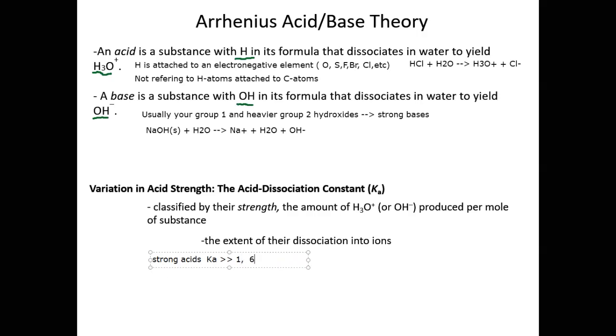There are 6 common strong acids. It's good to remember these because the strong acids are used differently in calculations than weak acids. So the 6 common strong acids are HCl, HBr, HI, HNO3, H2SO4, and HClO4.